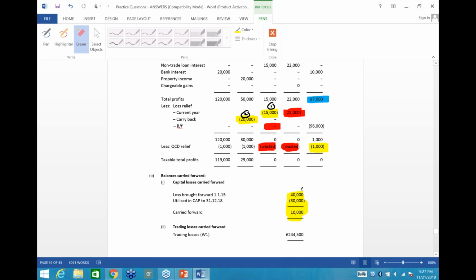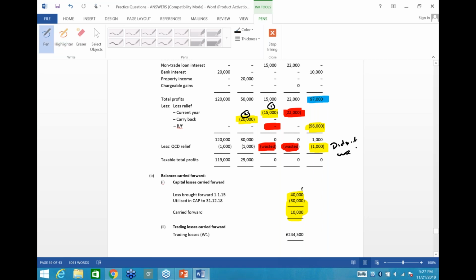Only 96,000 pounds we decided to set off in such a way without wasting QCDs. Therefore, we had a balance of 1,000 pounds. And that 1,000 pounds, we were able to use it against our QCDs. So by doing that, I did not have to waste my QCD.